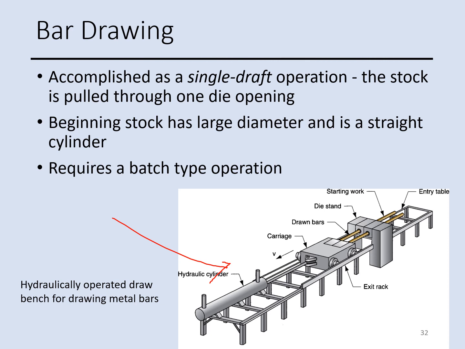The carriage is used to pull the stock through the draw die. The process is powered by a hydraulic cylinder or motor-driven chains. The die stand is often designed to hold more than one die, so that several bars can be pulled simultaneously through the respective dies.